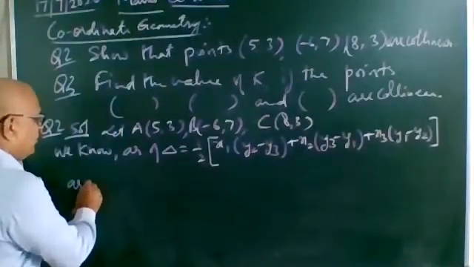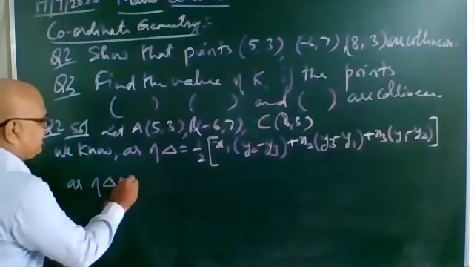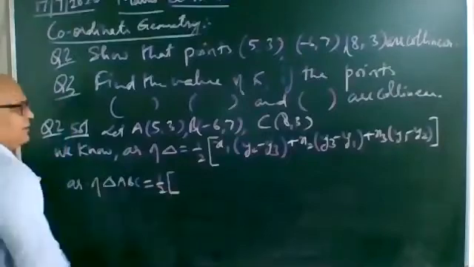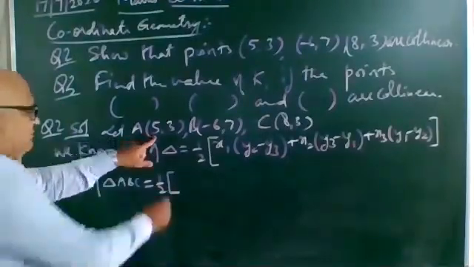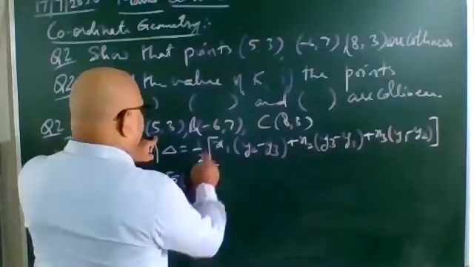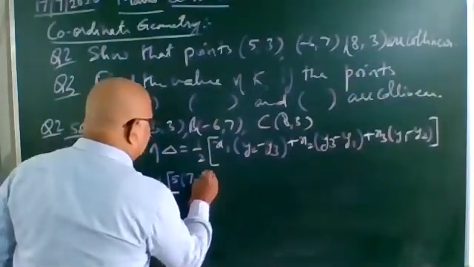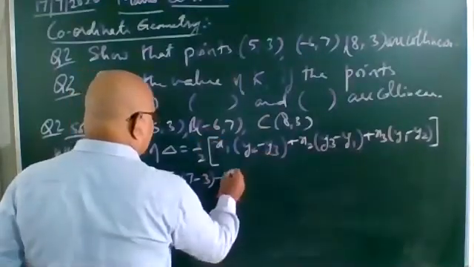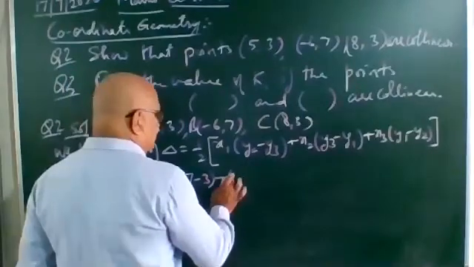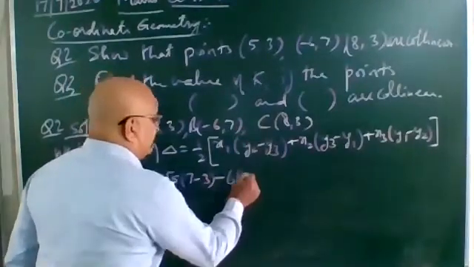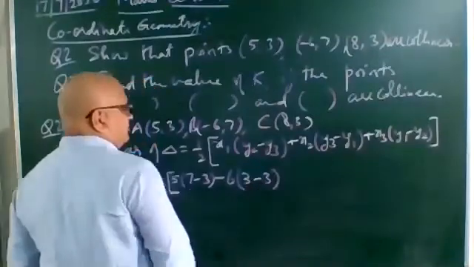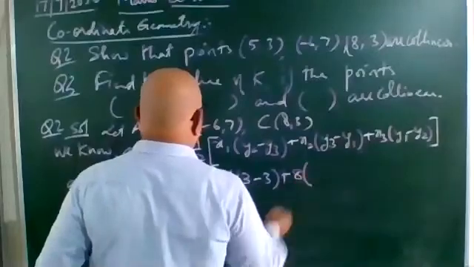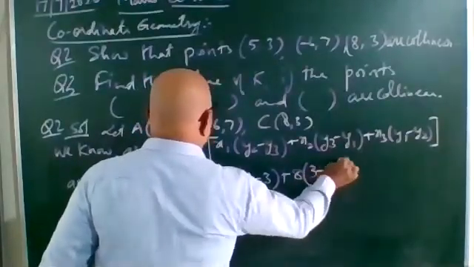Area of triangle ABC, now you will write 1/2 [5(7 - 3) + (-6)(3 - 3) + 8(3 - 7)].